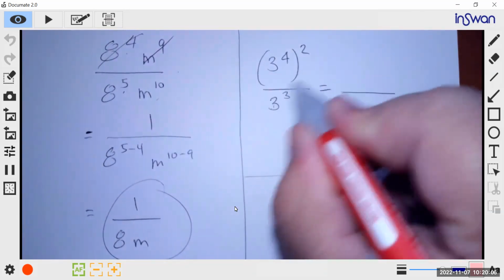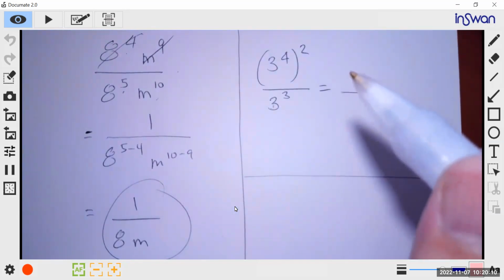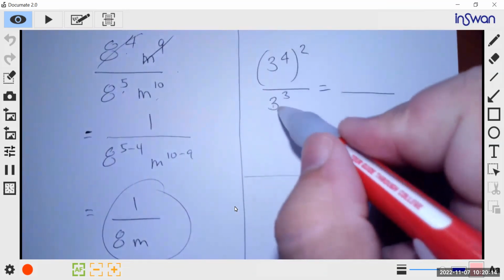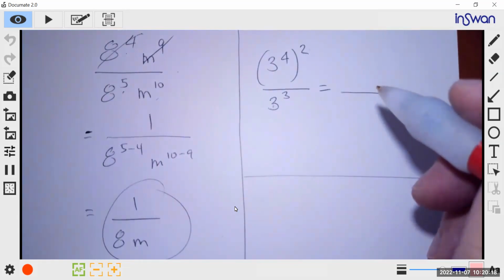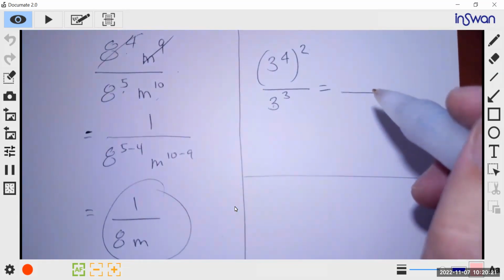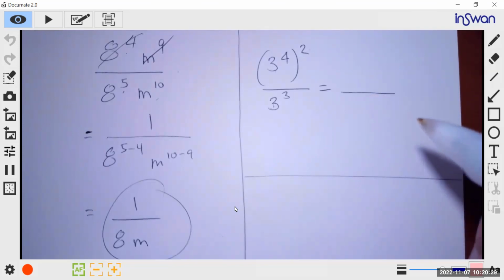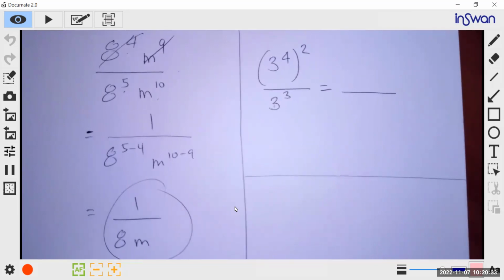How do you get rid of the parentheses first? Okay, there's not much to distribute. This is 3 to the 4th to the 2nd. You won't see it, it's not going to change on the board. You have to look at your notes to see what the rules are.